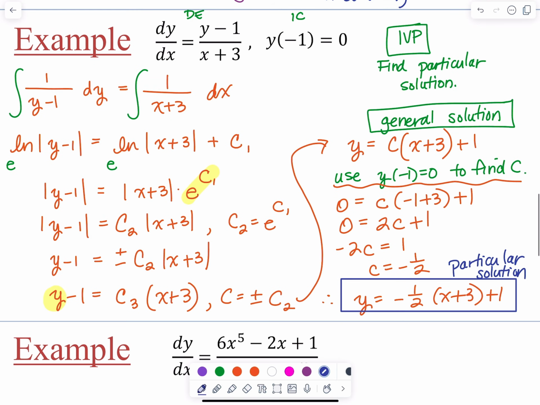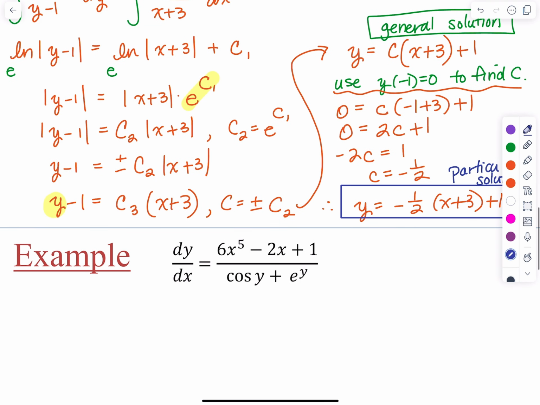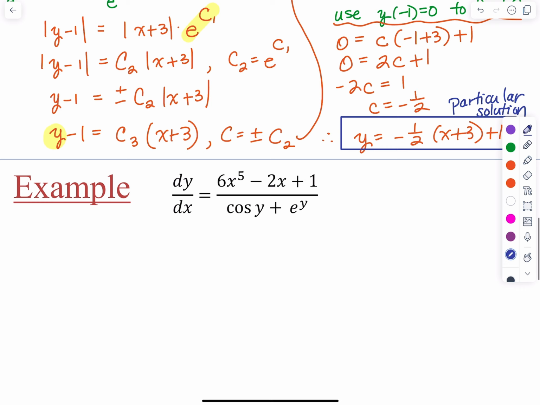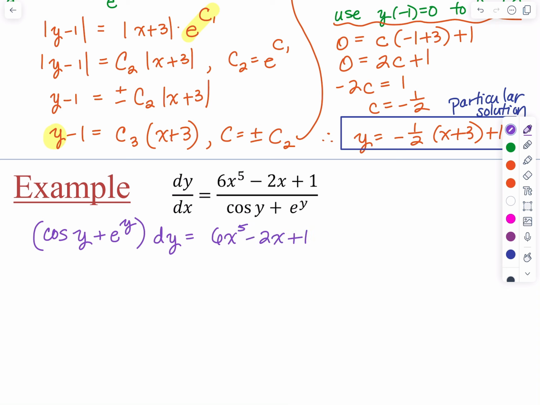Okay, let's take a look at our next example. dy/dx equals the expression shown on the right-hand side. We can see that we have a separable DE since we can multiply both sides by the cosine of y plus e to the y. dy equals 6x to the 5th minus 2x plus 1 dx.